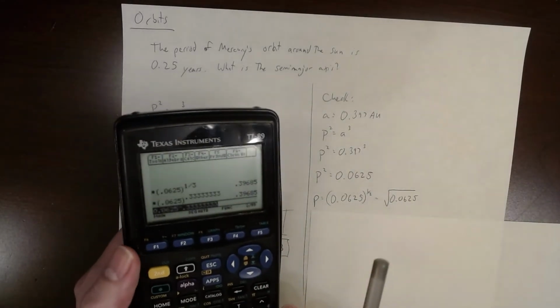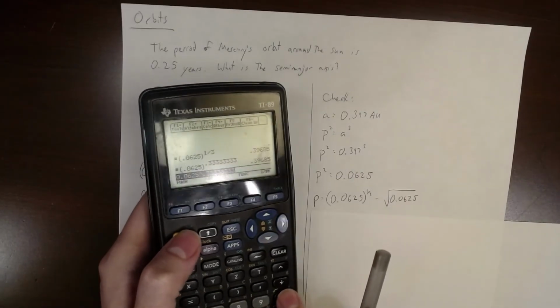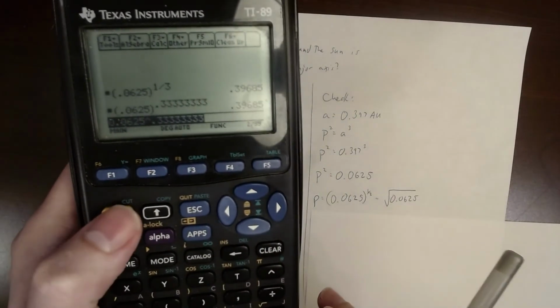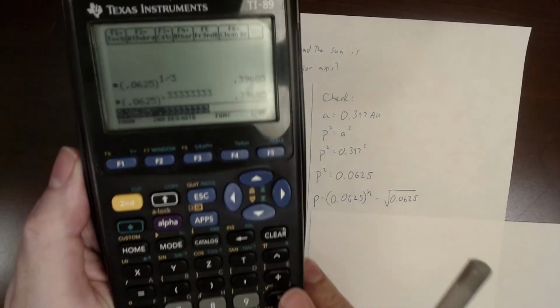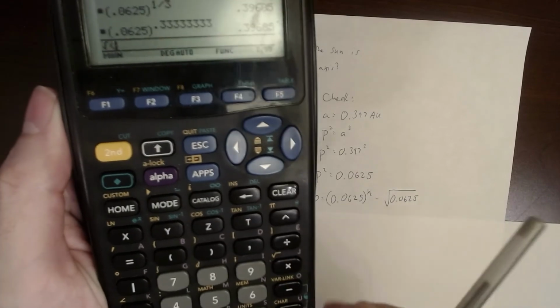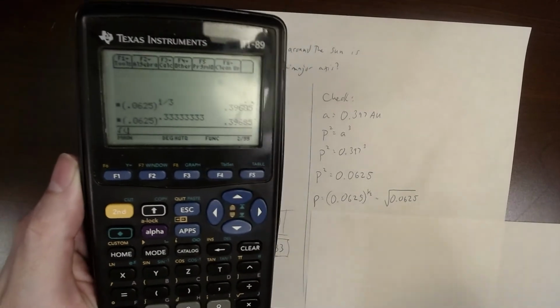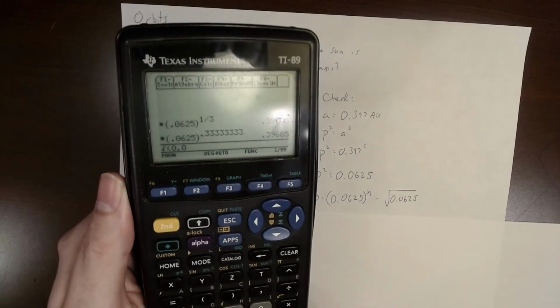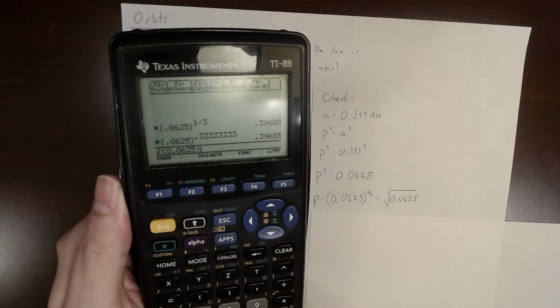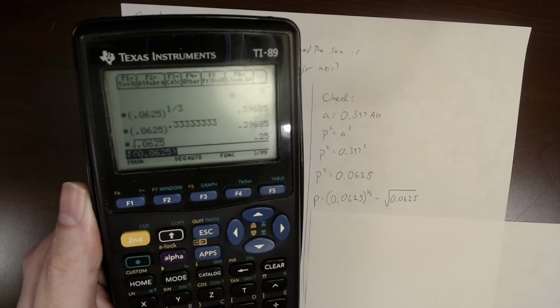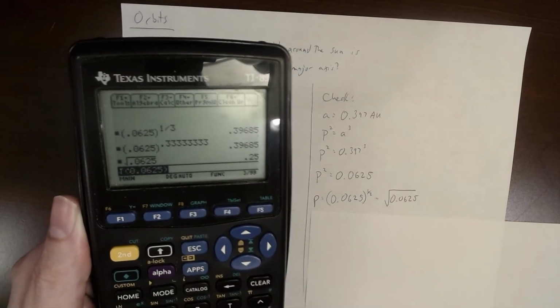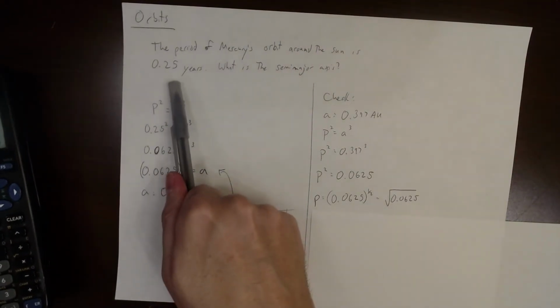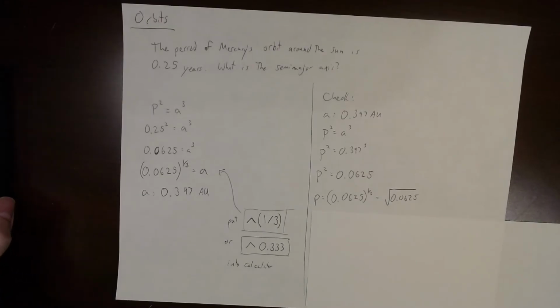Most of you know your calculator. Well, mine, I go second, and then the times symbol to get a square root symbol, and then 0.0625, and hit enter, and I get 0.25, which is what we said in the beginning.